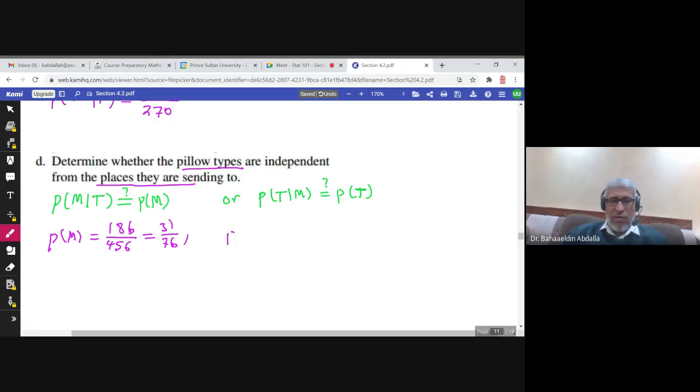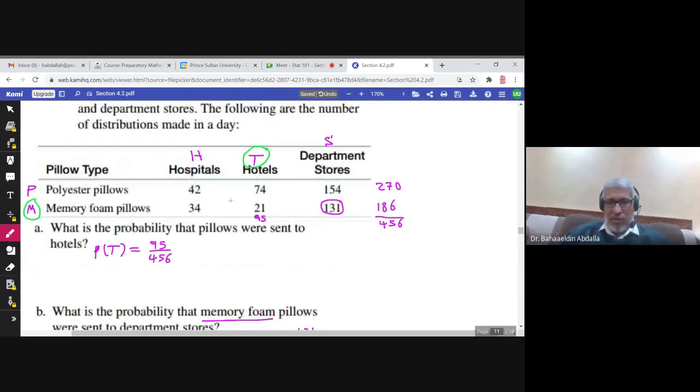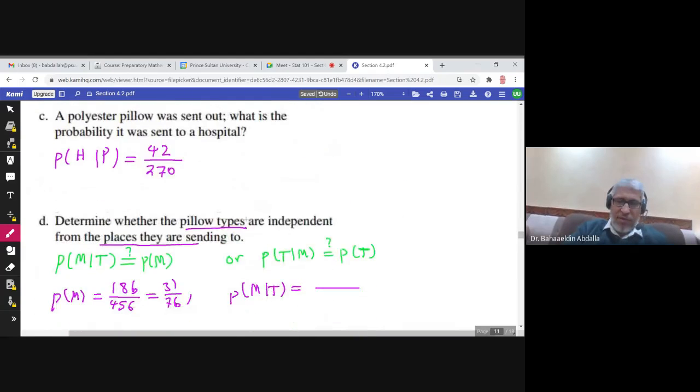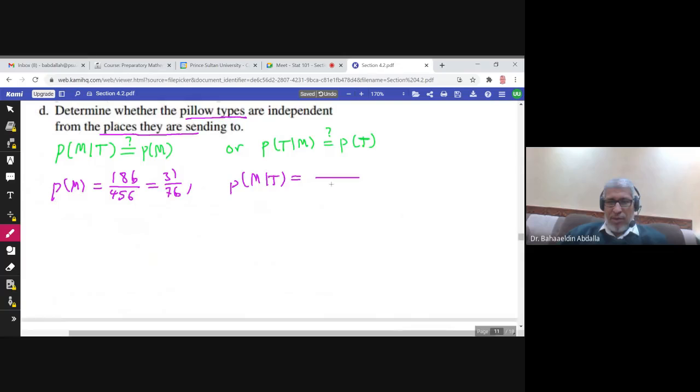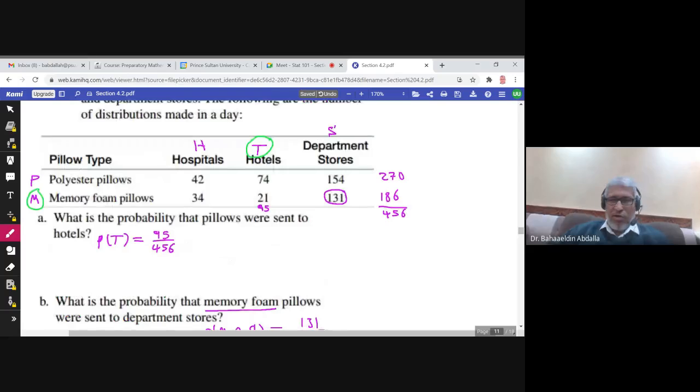Okay, let us now find probability of M given T. T is the condition. So the total number of hotels is 95, so I'll be dividing here by 95. And to find M among hotels, it's 21.